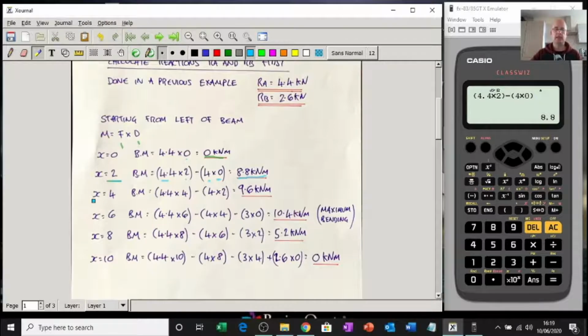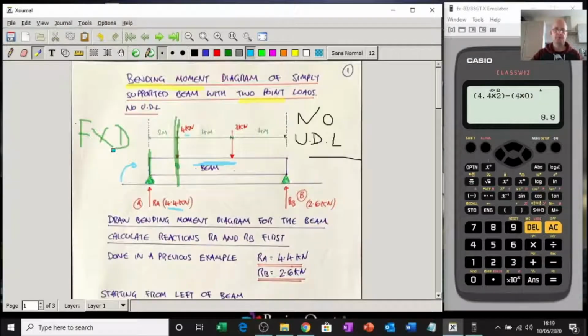I'll now go to x equals 4, just for a laugh. So at x equals 4, how long is the beam? So I'm here somewhere, look. I'm just looking at what I can see here.